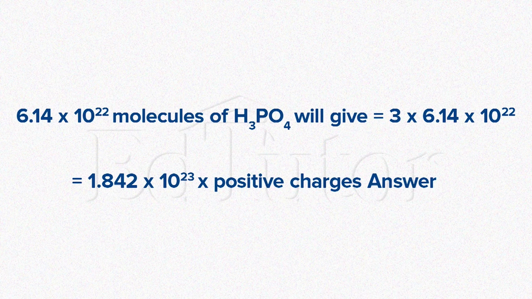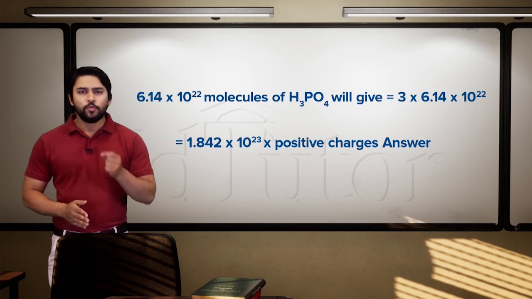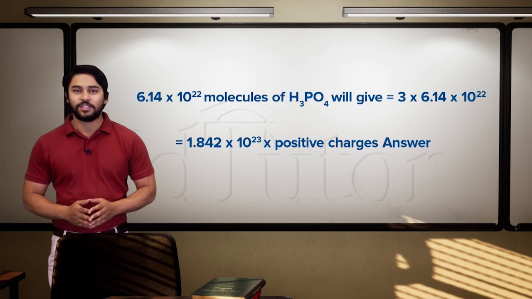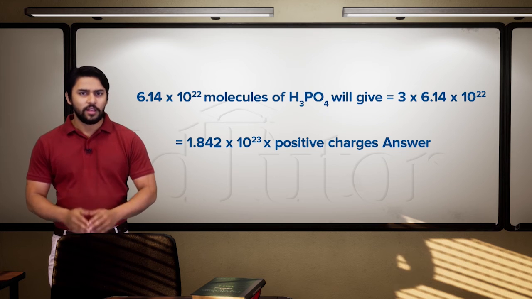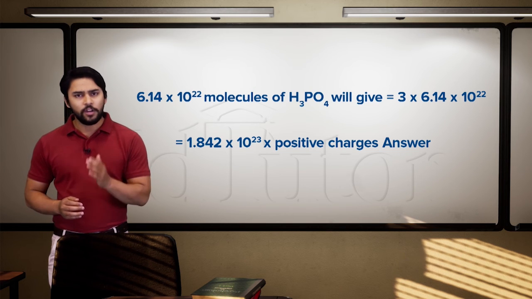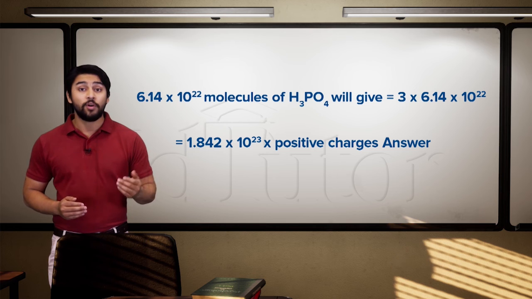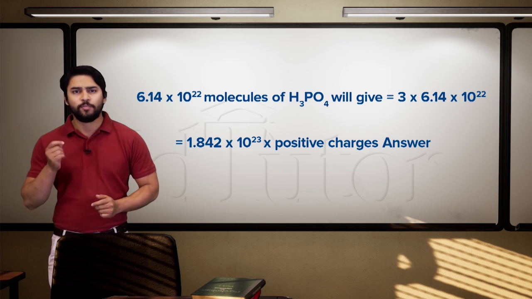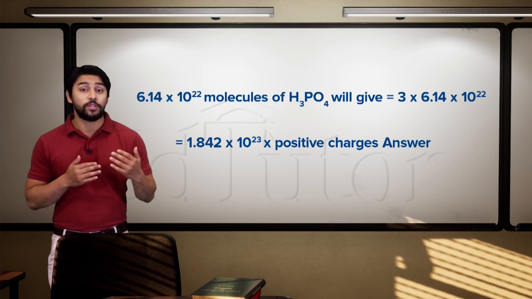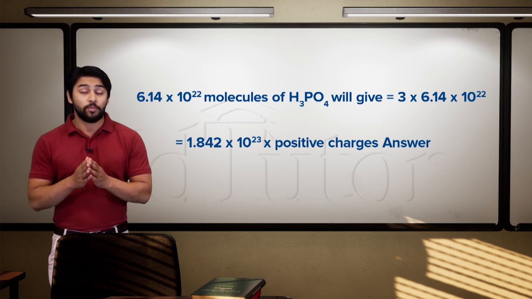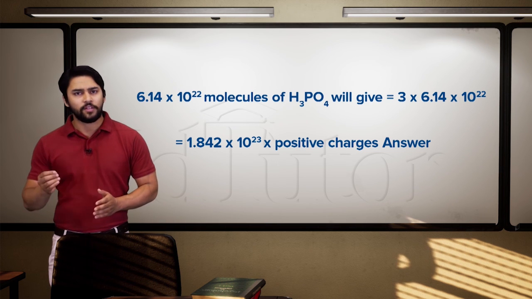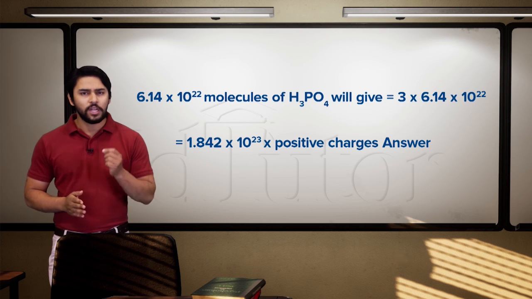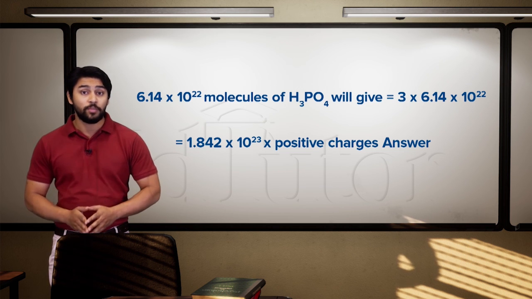Hence, it will become 3 multiplied by 6.14 multiplied by 10 to the power 22, which is the number of molecules. On solving this, we get 1.842 into 10 to the power 23 positive charges. Since the numbers of positive and negative charges are always equal, the number of negative charges automatically becomes 1.842 into 10 to the power 23.